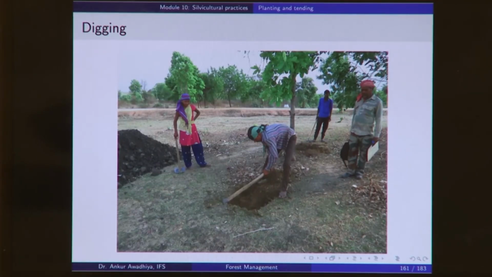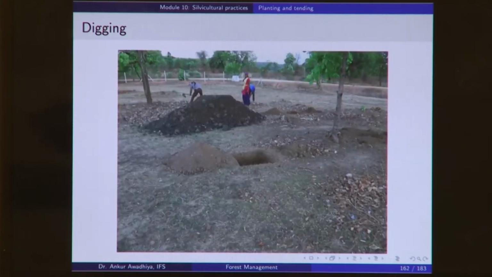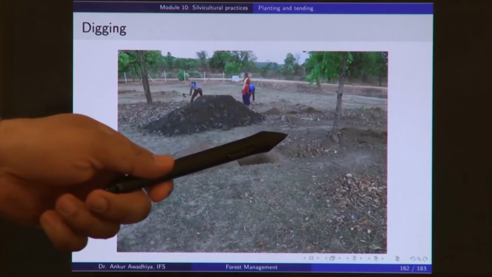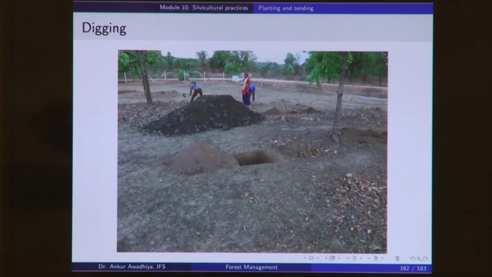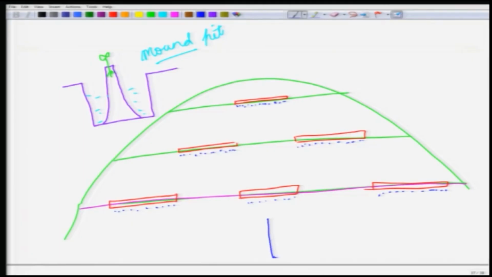Now, whenever a pit is being dug, we keep the soils in two heaps. The first heap is that of the top soil. So, when you are digging a pit, the top soil will be kept on one side and the subsoil will be kept on another side.